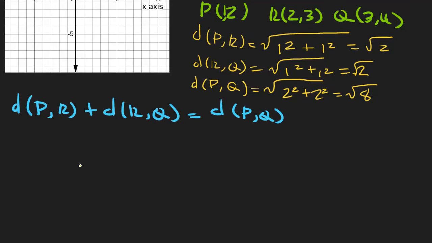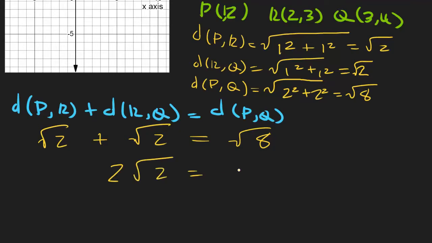Let's see. We have root 2 plus root 2 equals root 8. With the calculator, we can verify this, but let's check it out. This is going to be 2 root 2. What is root 8? Root 8 is the square root of 4 times 2, which is 2 root 2, and what do you know, they are equal.